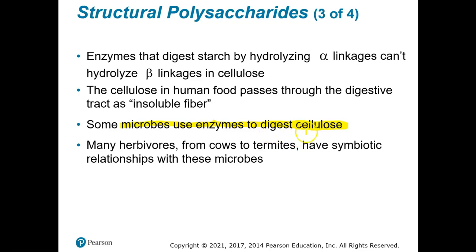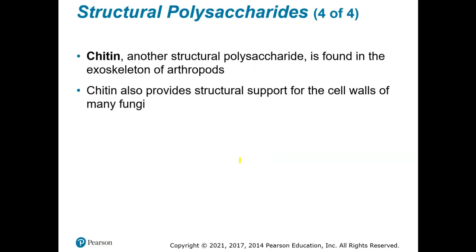Microorganisms that can digest cellulose. And there are some herbivores like cows and termites that have symbiotic relationships with these microbes. They have these microbes living in their gut or their intestines, and that enables them to digest cellulose. But humans are not able to.